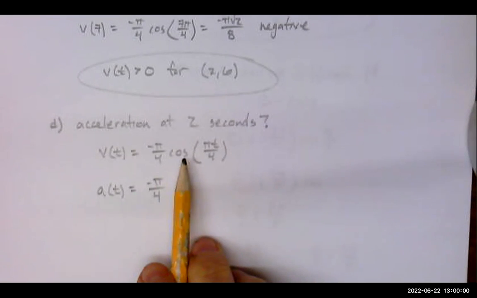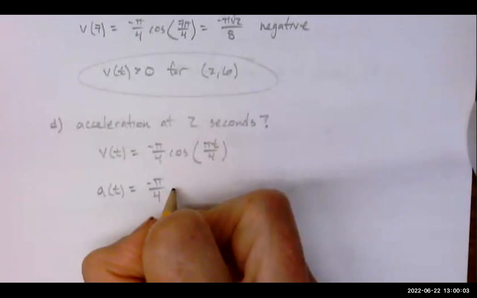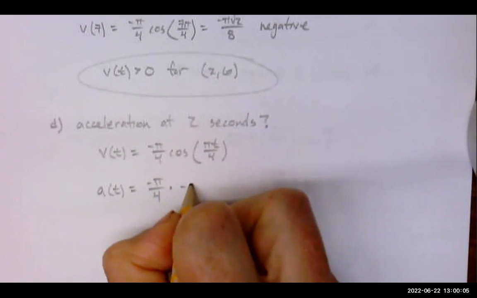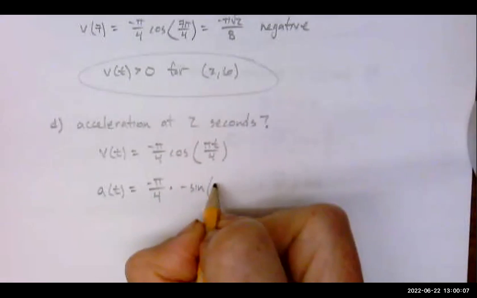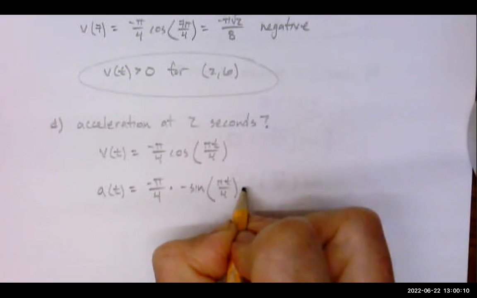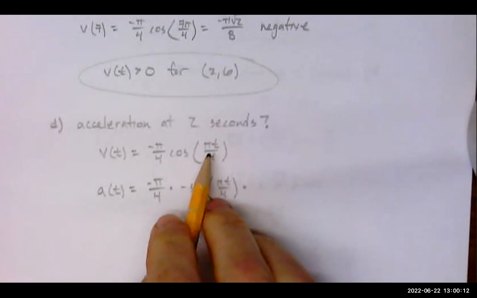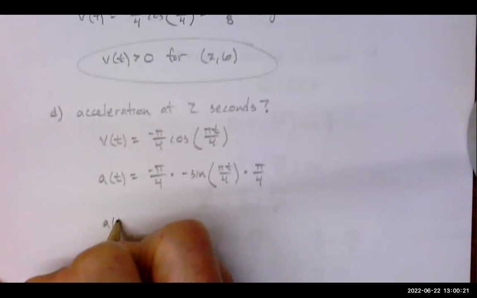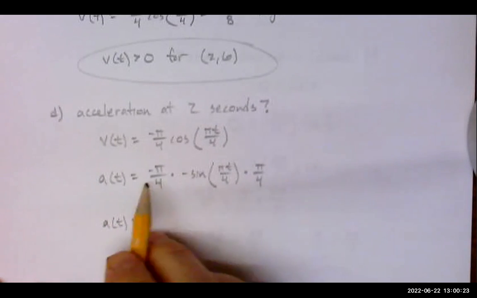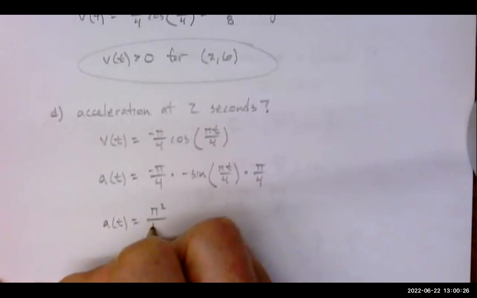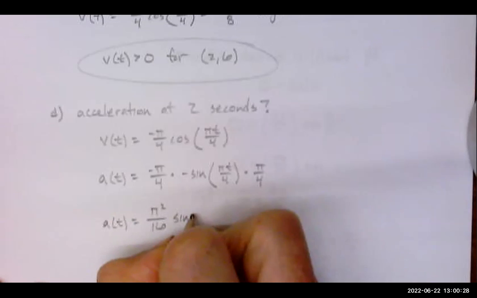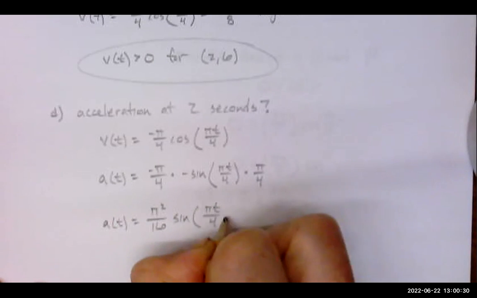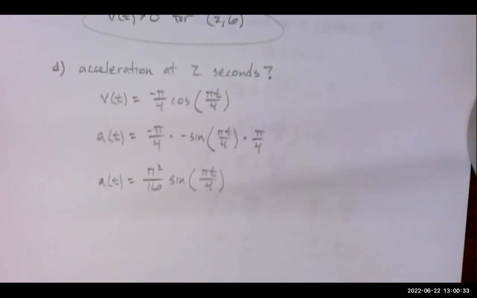And we say, okay, the derivative of the cosine is negative sine of pi t over 4, and then multiply by the derivative of pi t over 4 again. So that's another pi over 4. There's our chain rule. And if we clean it all up, the negatives cancel. We've got pi squared over 16 sine of pi t over 4 as our acceleration.